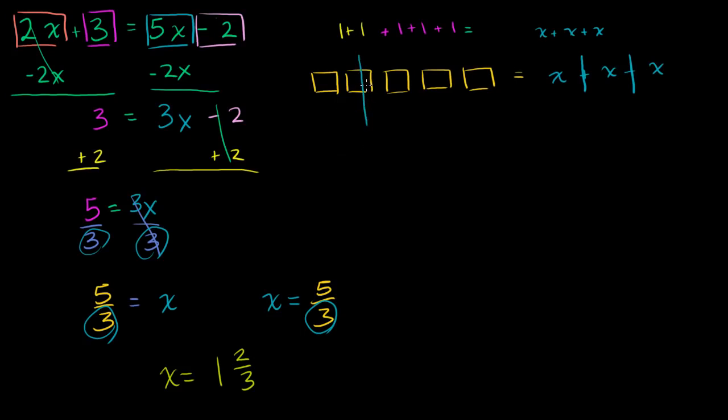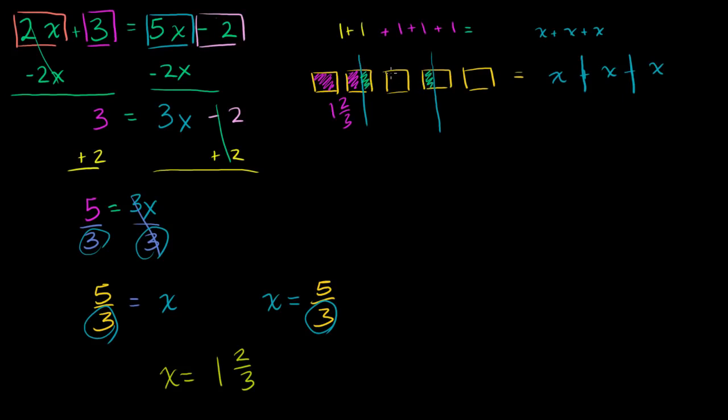So this is 1/3. We're going to need another 1. So this is 1 1/3. We're going to need one more third. So it's going to be right here. And then we're left with 2/3 and 1. So we've broken it up into 3 groups. This right here, let me make it clear, this right here is 1 2/3. And then this right here, this is 1/3. That's another 1/3.